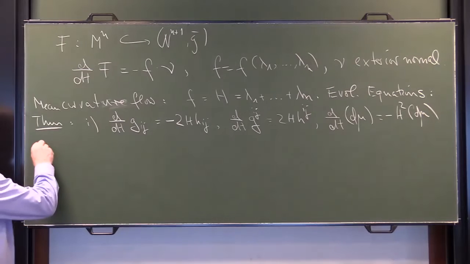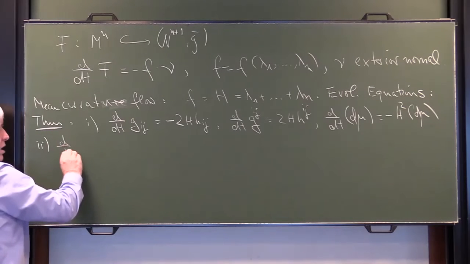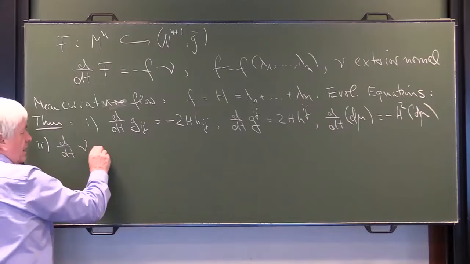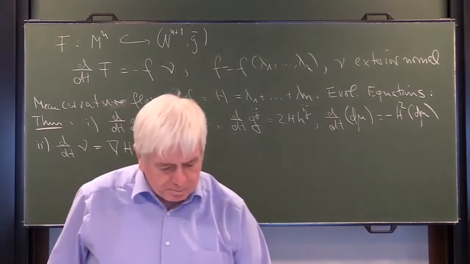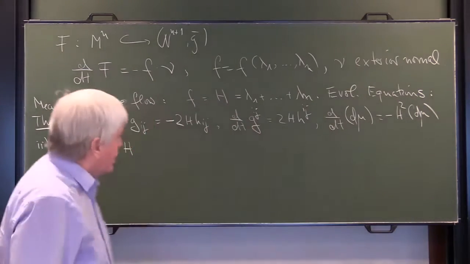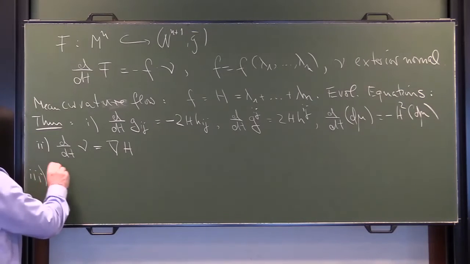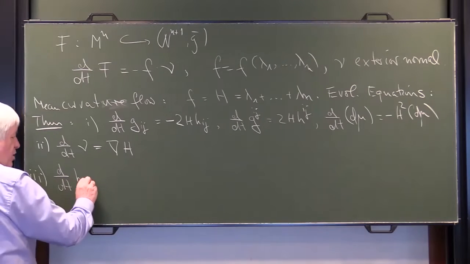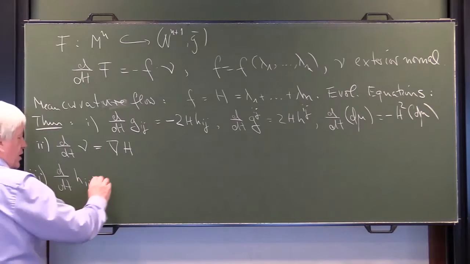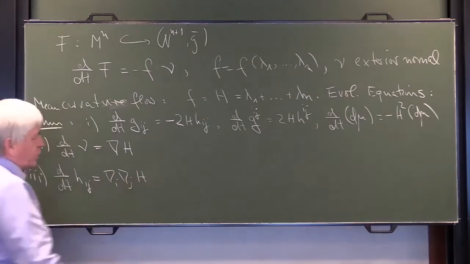And then in the second step, you get the d/dt of the unit normal is just the tangential gradient of the mean curvature. And finally, you get that d/dt of the second fundamental form is just the Hessian of the mean curvature.